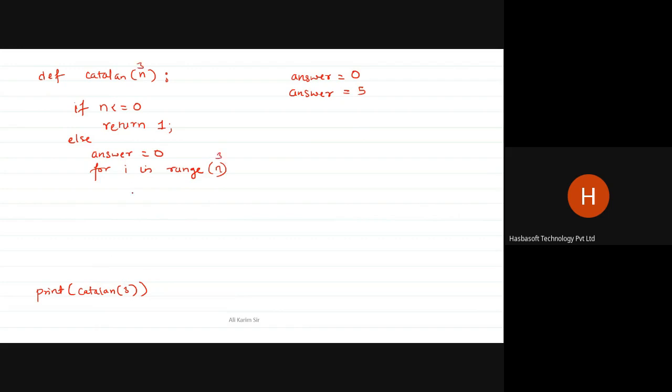So what will be the expected value in this case? The expected value will be somewhere here, the third value, 1 2 3 4. This value will be your answer. Considering that for loop, I will start from 0, right? 0 1 2 3, yeah.